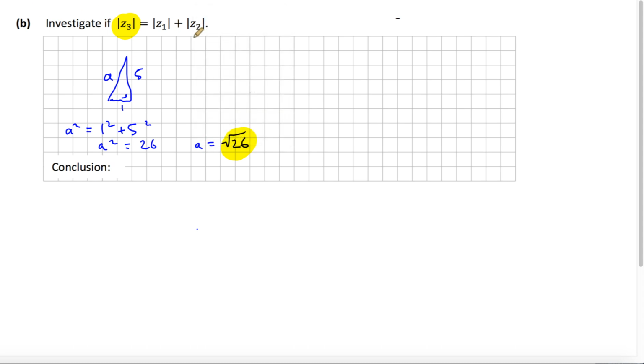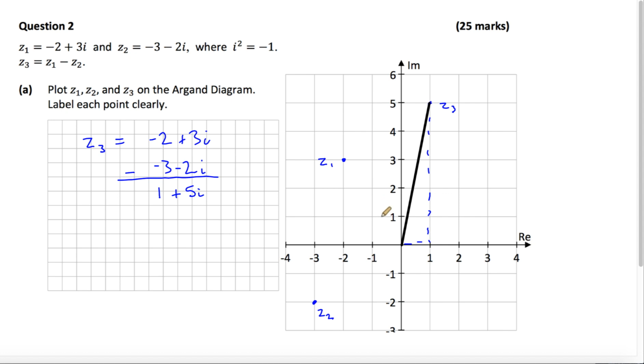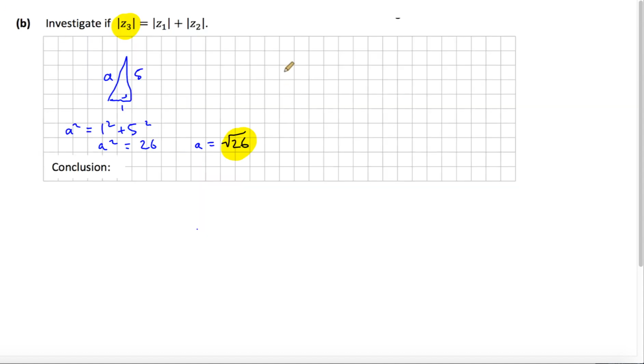So then I'm going to find the modulus of Z1. Well, where's Z1? The modulus of Z1 is the length of this line here, from the complex number back to the origin. So I'm looking at this triangle now, which is right angled, just like the other one was. And this triangle here has a height of 3 and a run of 2.